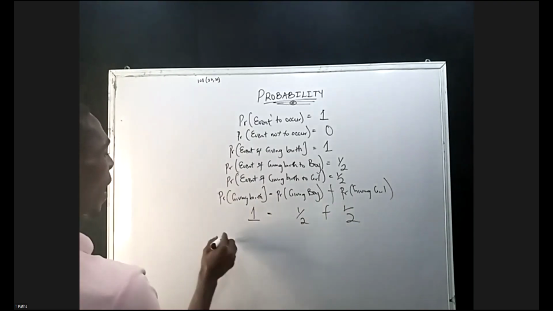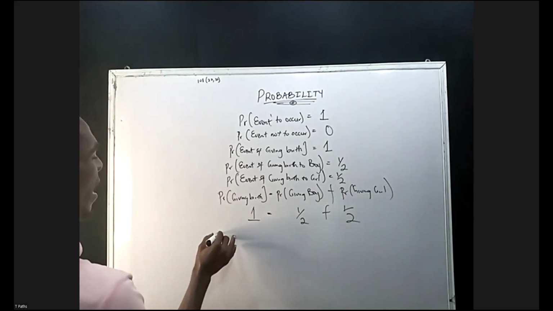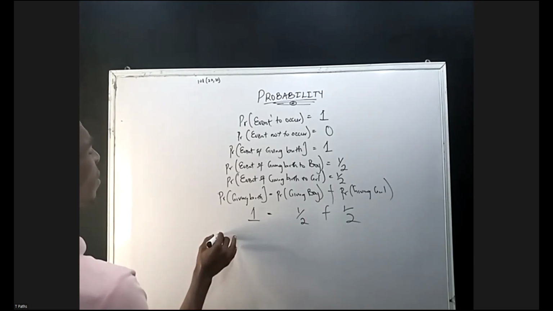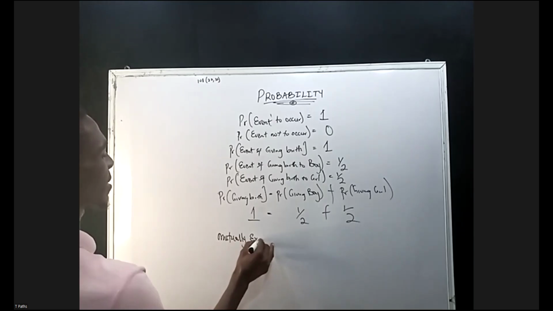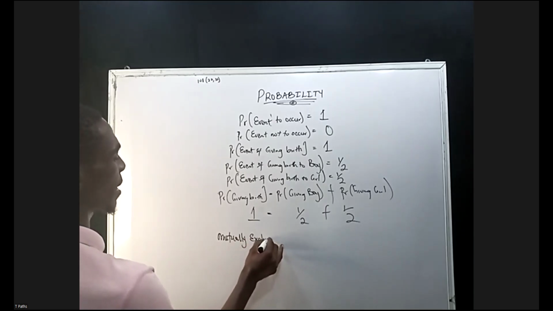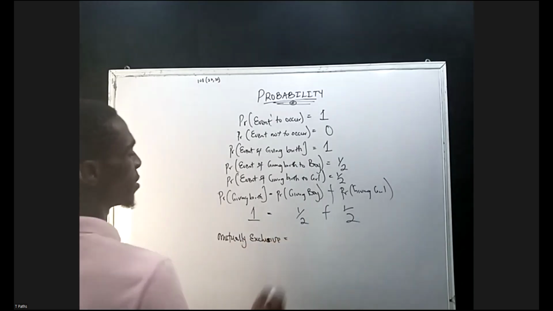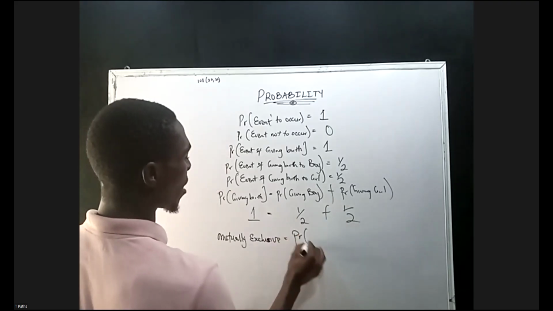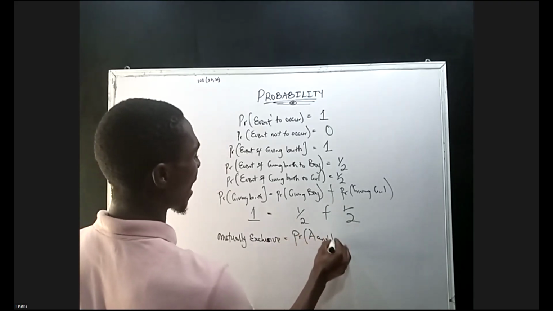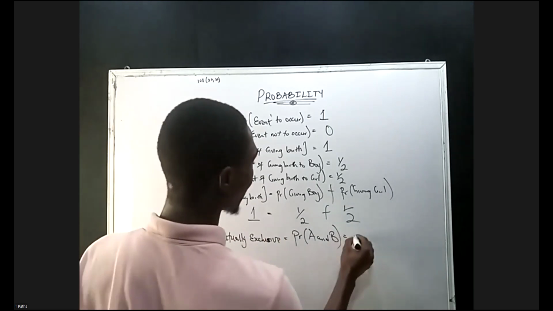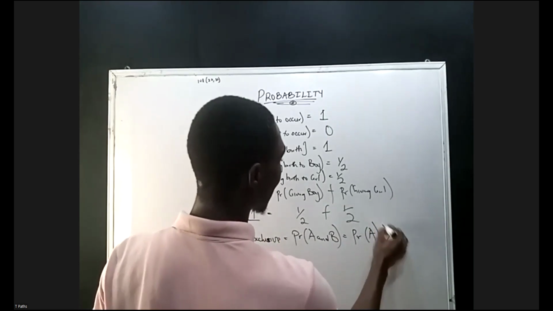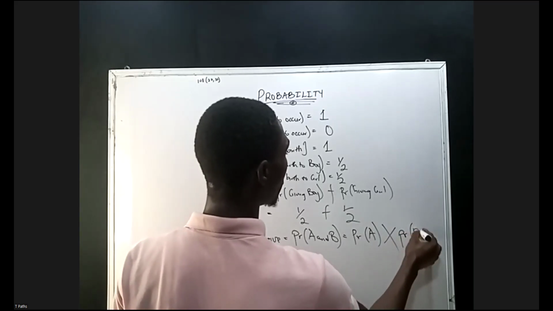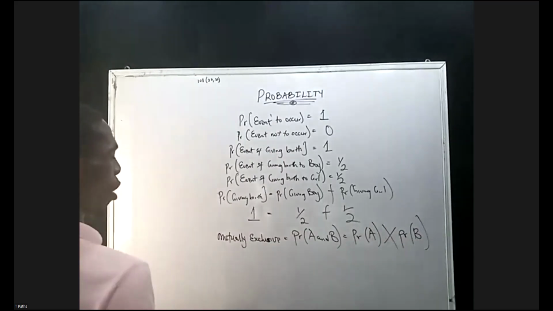Now, for an event, so we have mutually exclusive. So we say the probability of A and B. That means the probability of A, the word and, times the probability of B. Both will occur.